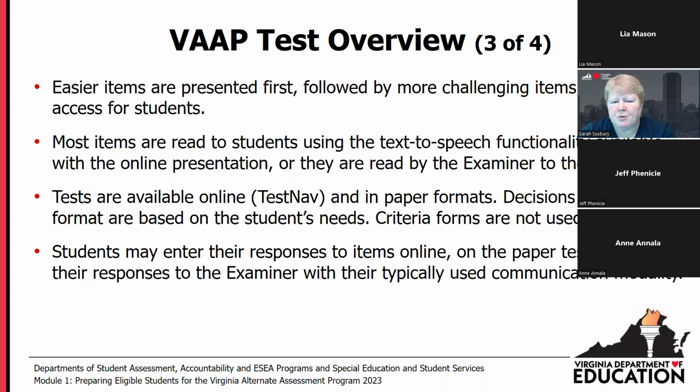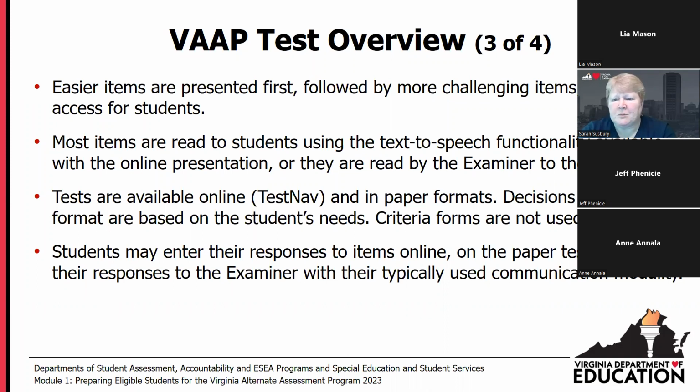So as I mentioned previously, the tests are available in an online format, and that's in the TestNav software. That's what Virginia uses to administer its state assessments. And then it's also available in a paper format. Decisions about which format the student would use are dependent on what the student really needs and what they're used to interacting with during an instructional environment.